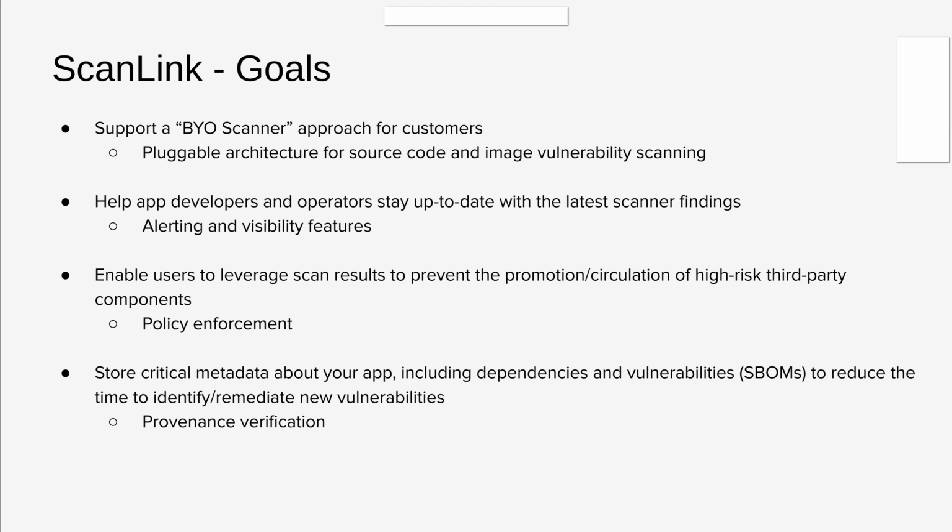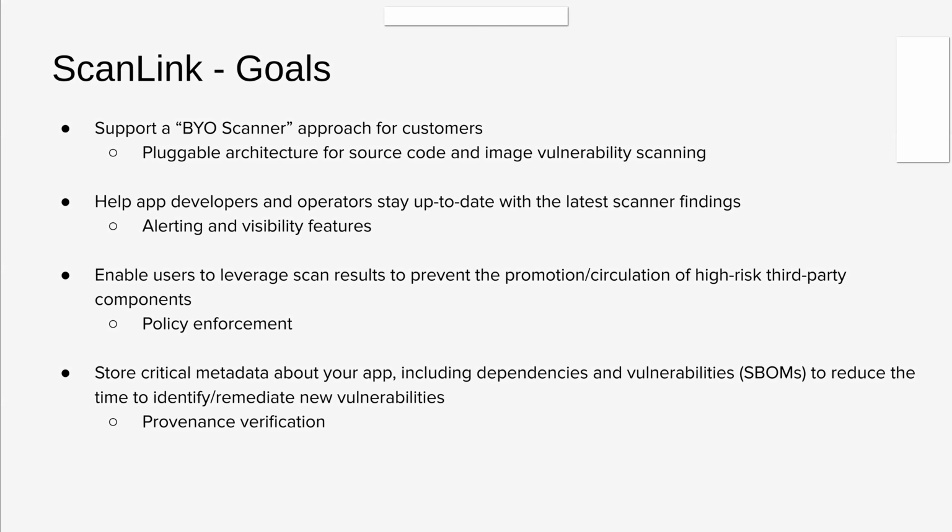The other goals are to help developers and operators stay up to date with whatever findings have been detected during those scanning operations. And with that, we include some alerting and visibility features.